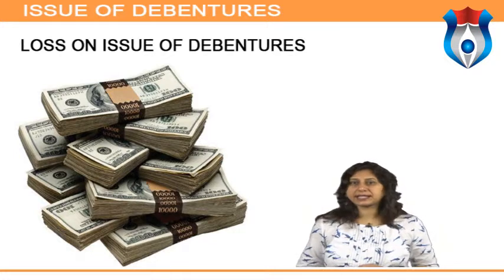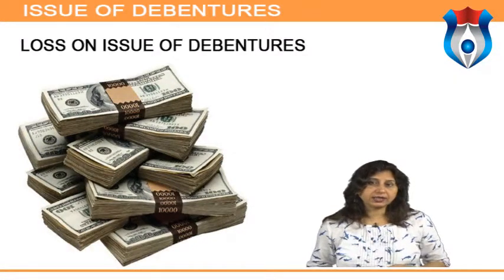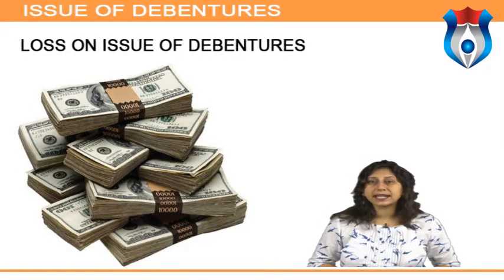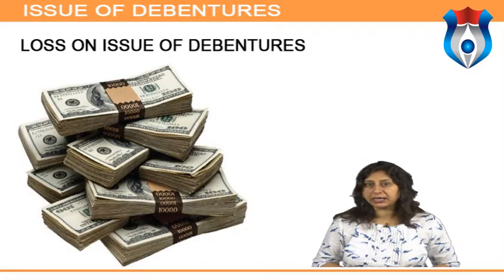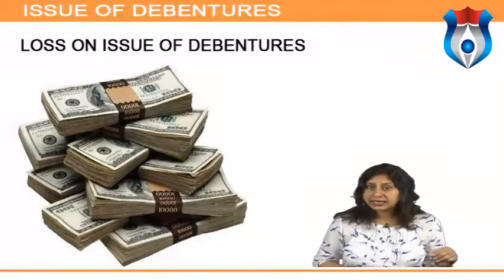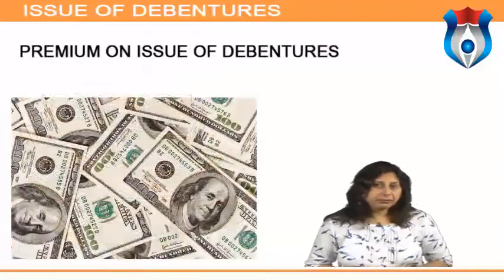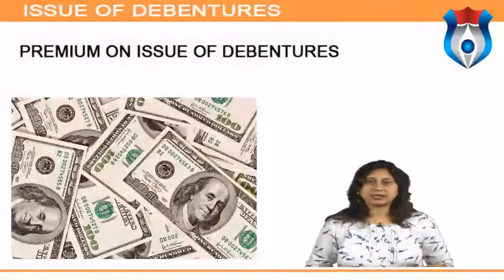As the amount of discount on issue of debentures is treated as a capital loss, it is shown on the asset side of the balance sheet of the company under the head Miscellaneous Expenditure until and by the amount it is not written off. Premium on redemption of debentures.